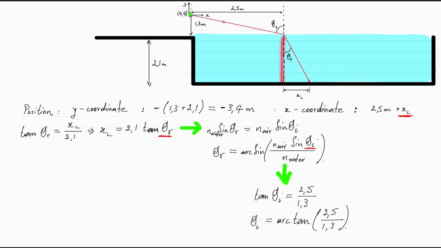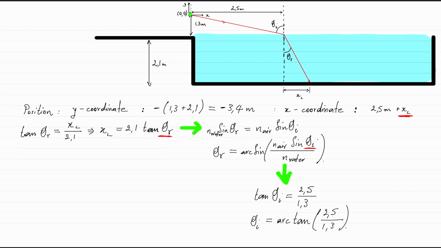We know the adjacent side of this triangle, and we can find this angle, but what we're interested in is the side opposite to that. The trig ratio that relates the adjacent side, opposite side, and the angle is the tan function. Taking the tan function, we can rewrite it this way and determine that x_L, the position where the light beam is going to hit the bottom of the pool, is given by 2.1 times tan of theta_r.